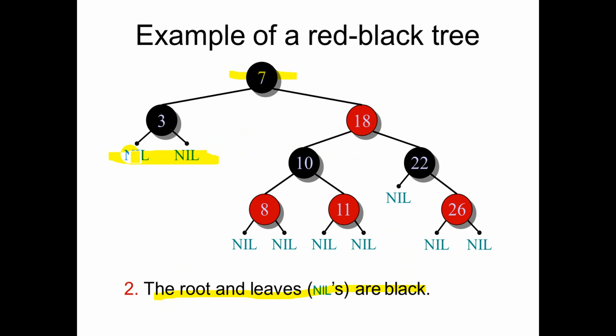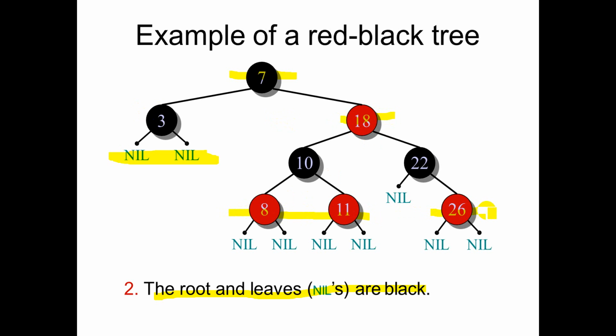So it means that the root and leaves cannot be red. Only the intermediate nodes can be red. You can see the intermediate nodes 18, 8, 11 and 26 are red.